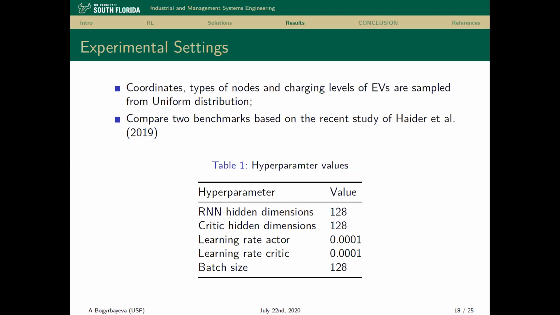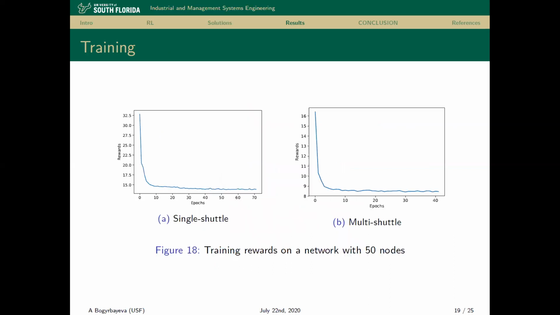Here, you can see some hyperparameter values that we have used for training. A little bit about training itself. Here are the training graphs for 50 nodes for the single and multi-shuttle case. And we have to say that training time really depends on what input you provide to the neural network. It took some time to figure out what features of the graph to actually pass to the neural network to train it efficiently.